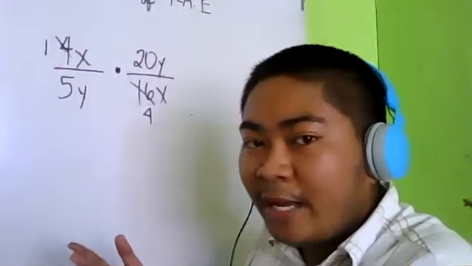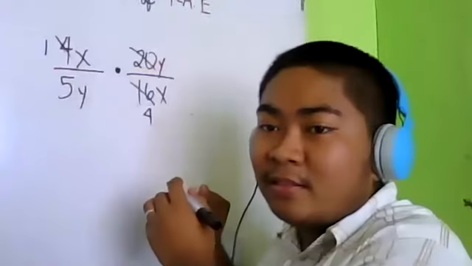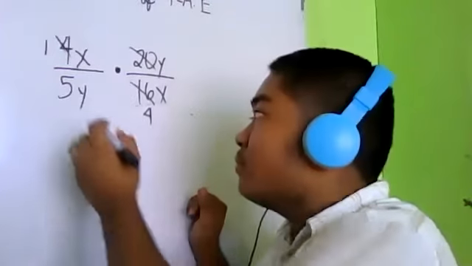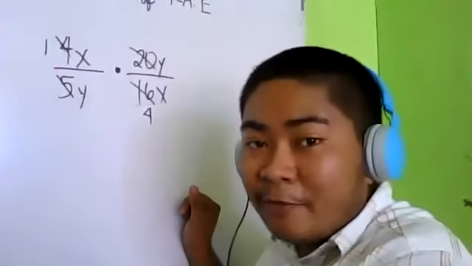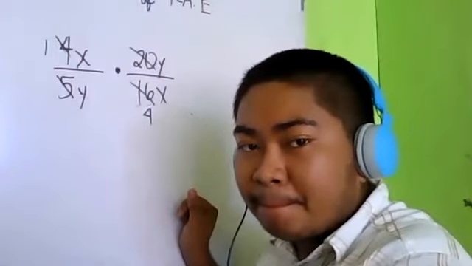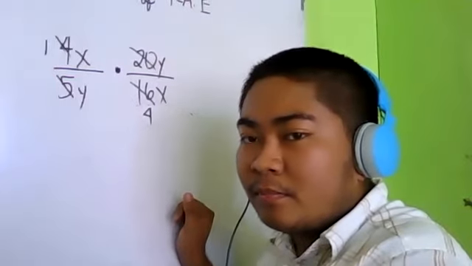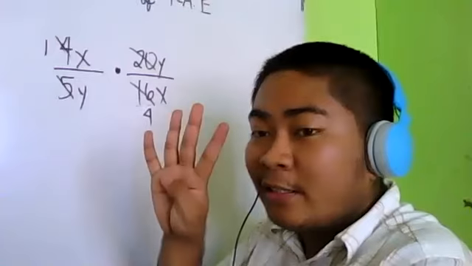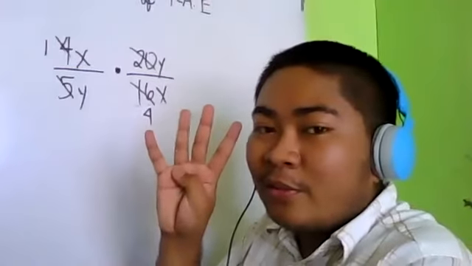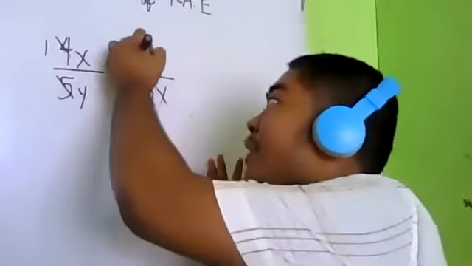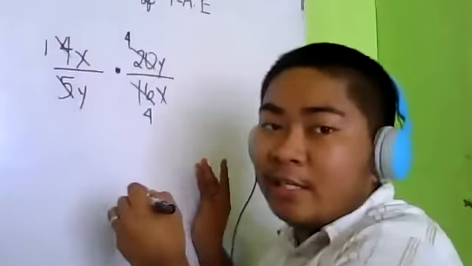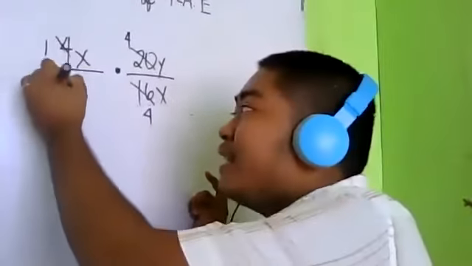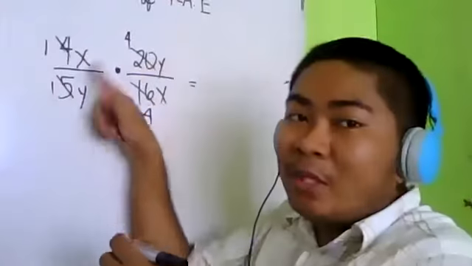So 20 divided by 5 is? 5 po. 5, 10, 15, 20. Di ba? So, 5 times 4 is 20. Therefore, 20 divided by 5 is 4. And then 5 divided by 5 is 1. Tama? Ngayon, pwede ka na mag-multiply.